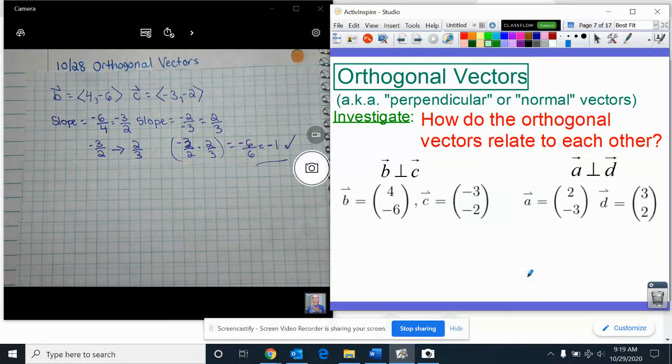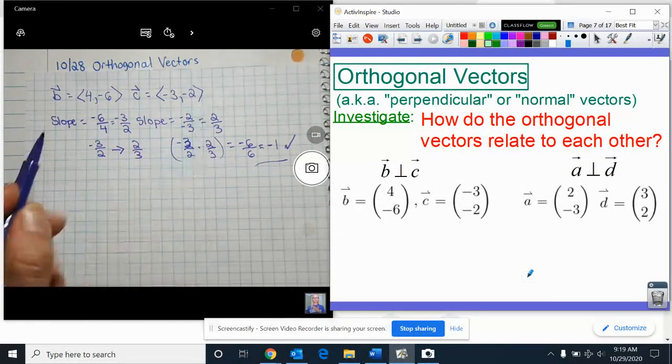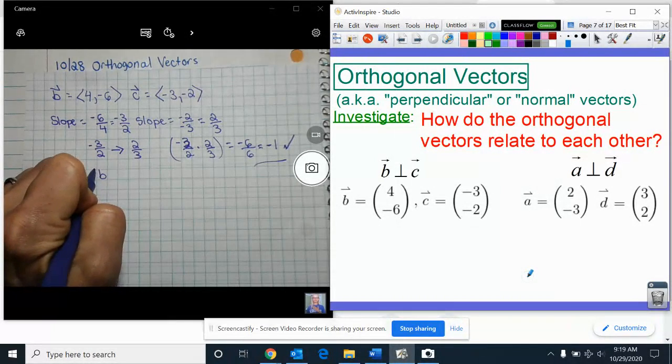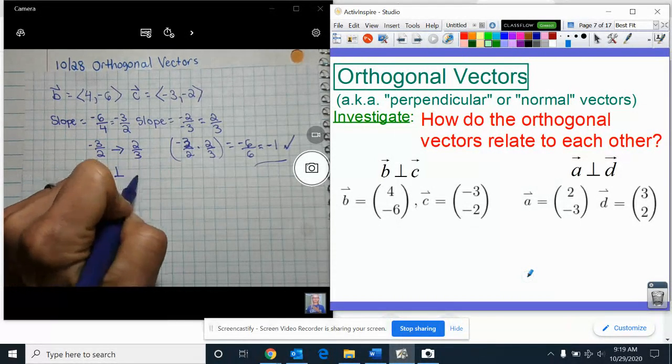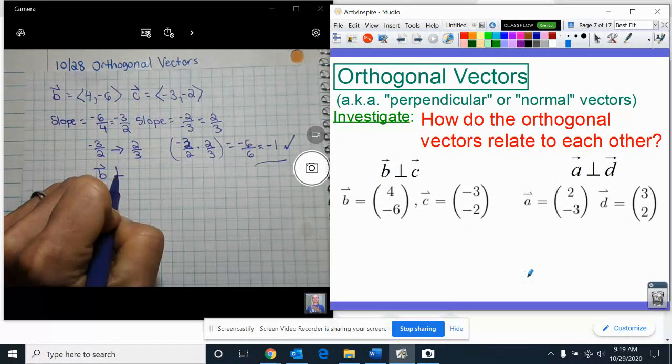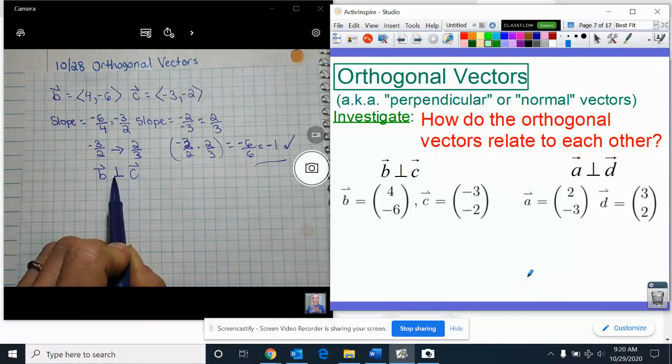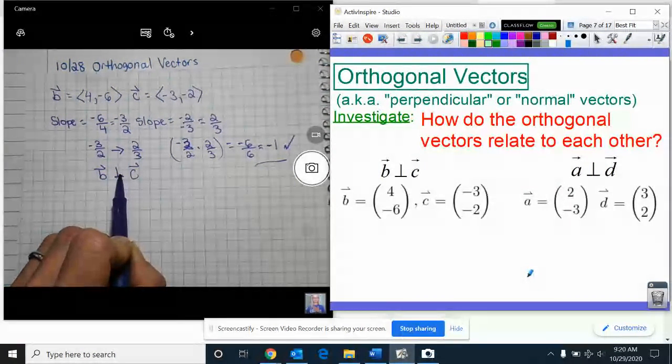So that is one way to prove that we have two vectors that are orthogonal. And so what our conclusion would be is that B is perpendicular or orthogonal, also known as normal, to vector C. And we just use the upside down T to note that they have that relationship.